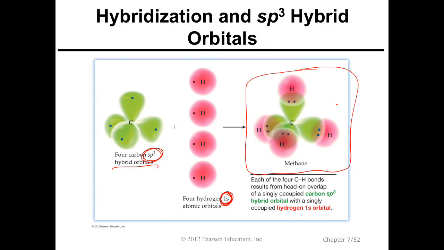So we wouldn't describe methane bonding as overlap of 1s orbitals on hydrogen with the 2p orbitals on carbon, but really 1s overlapping with sp3 hybrids on the carbon. That is the way to describe the bonding in methane.